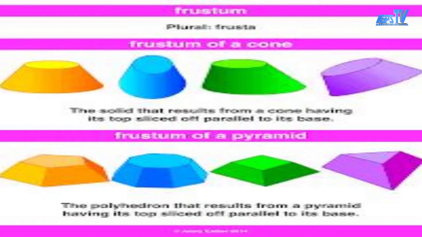As you can see, the top part has been cut off, remaining the down part, and that is called the frustum of an object. What you are seeing on your screen are objects portraying frustums of cones. Then the down ones are frustums of pyramids. Very good.